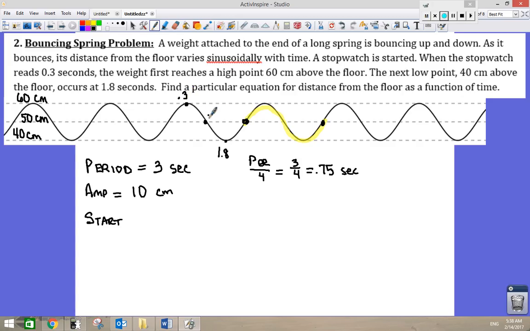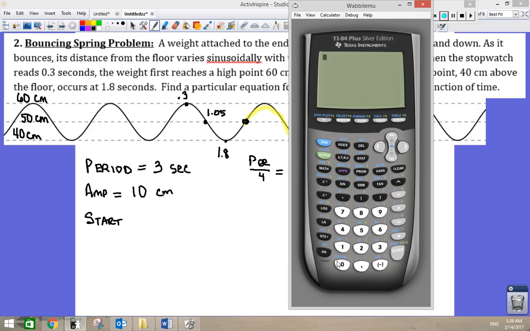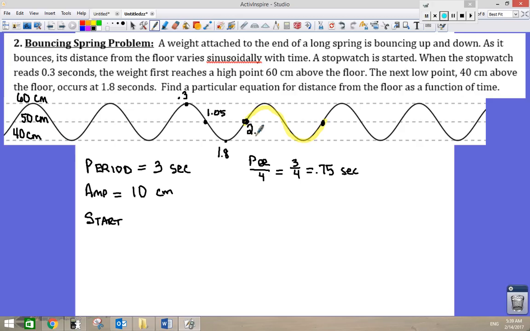So this is, no, it's not. 1.05 and 2.55. So let's use this: 2.55 seconds and 50 centimeters as our starting point.